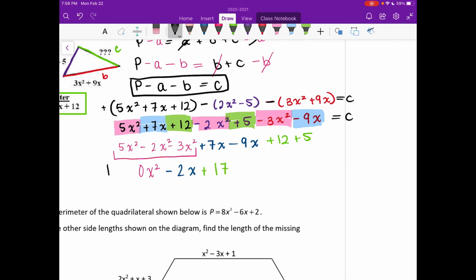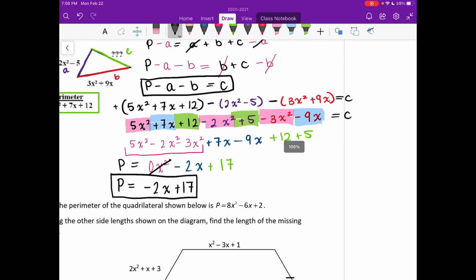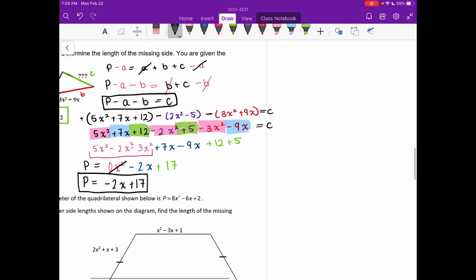Right, so the missing side is equal to 0x squared minus 2x +17. Which we're going to simplify even more. We're going to get rid of that 0x squared, and it's going to be -2x plus 17. And that is my answer. Okay. So then, as always, I have to write an expression.